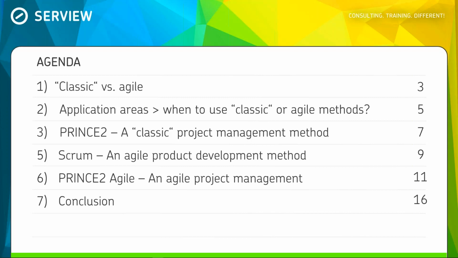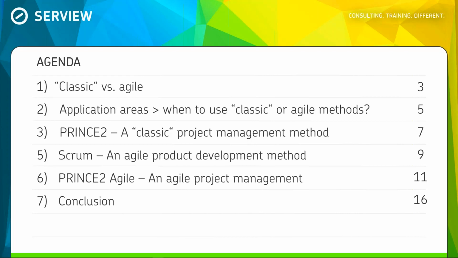There are more and more companies trying to adopt more agile methods, so agile project management has become quite a focus. And we will be looking at one of the methods that you can use for this. And then conclusion, where can you find more info? And of course, where can I learn about PRINCE2 Agile or Scrum or PRINCE2? Whether you want to have a more classic approach or maybe a more agile hybrid one.